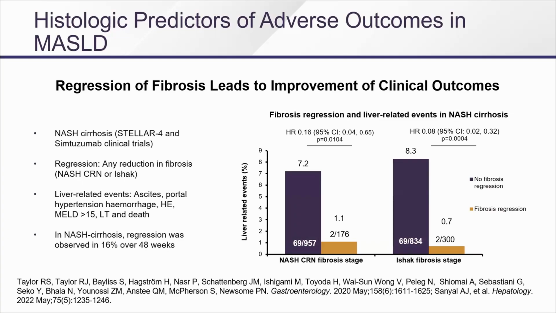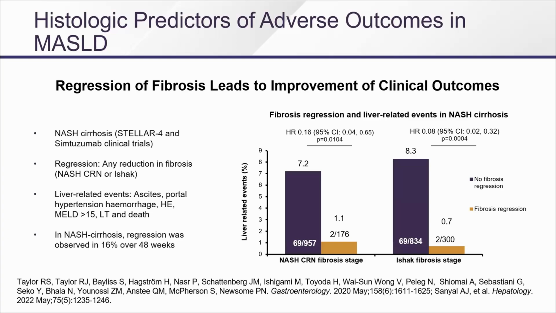And actually, it comes from a trial of a drug that never made it to market. So the Stellar-4 trial of simtuzumab, you don't need to know about the drug because it never made it to market. They looked at fibrosis stage on their biopsies, and then they had a long-term follow-up because it took a long time to finish. And by the time they got to the endpoints, they had this data.